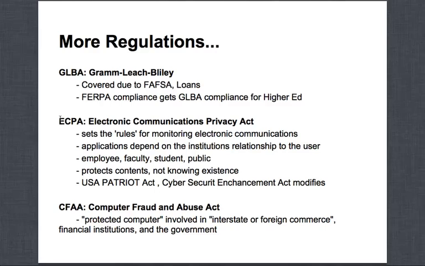Universities are covered because of FAFSA loans, because you have the person's personal information tied to their financial information. But they carved out a niche that says if you're FERPA compliant, then you're also Gramm-Leach-Bliley compliant. So there's a nice little thing there.